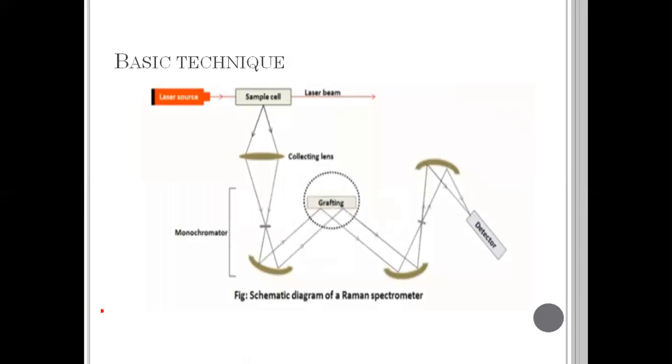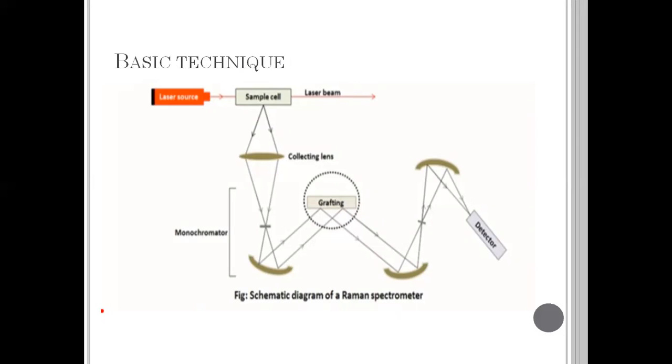Now we'll discuss the basic technique of the instrumentation. This figure illustrates a typical Raman spectrometer. The laser beam is passed through a cell, usually a narrow glass or quartz tube filled with the sample.